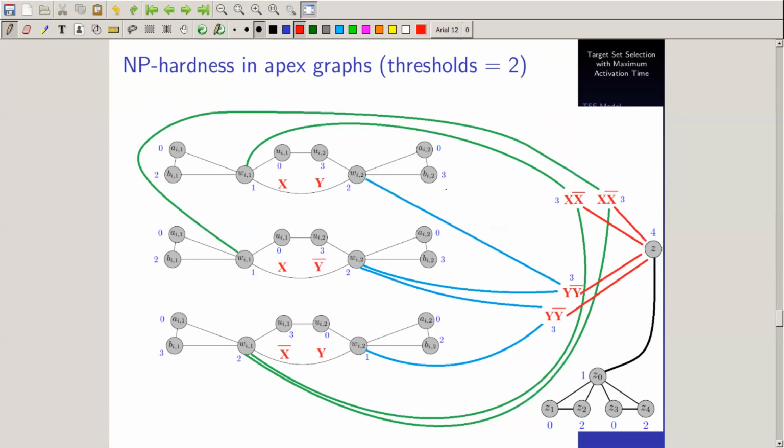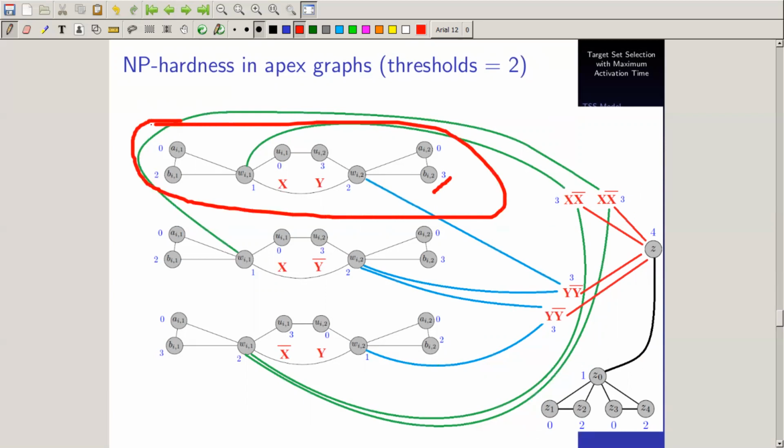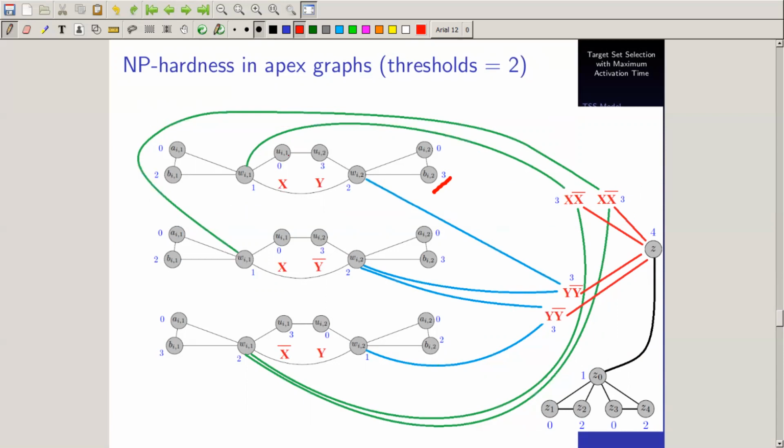So we proved that all these vertices are activated in the gadget. Clause gadgets are activated at time at most 3. So these vertices, 2 with 2, activate this vertex in time 3. Okay, so all these vertices are activated by time 3. This means that the vertex z is activated at time at most 4.